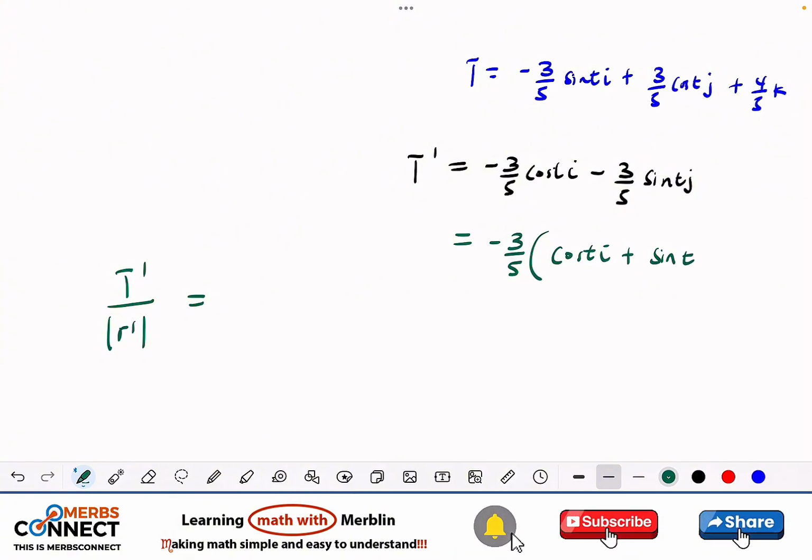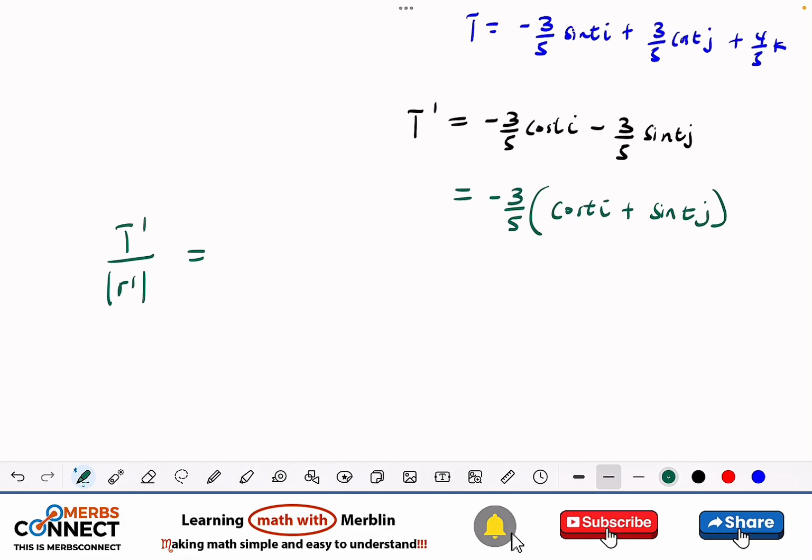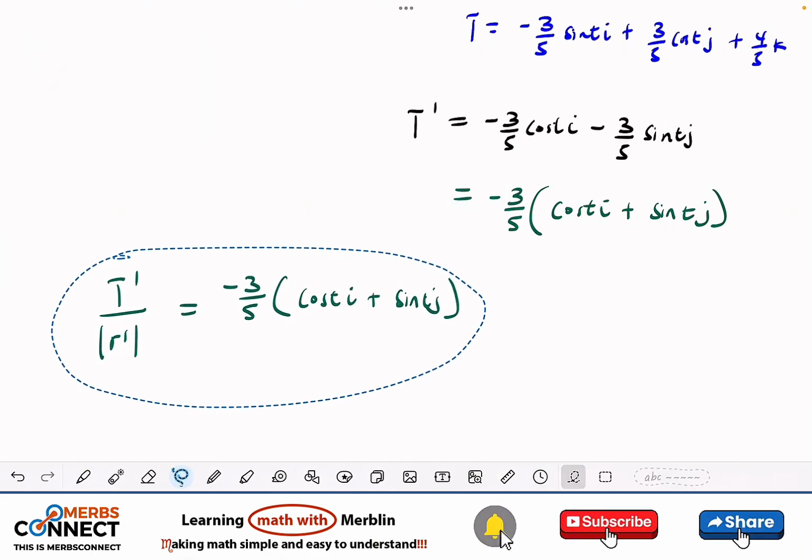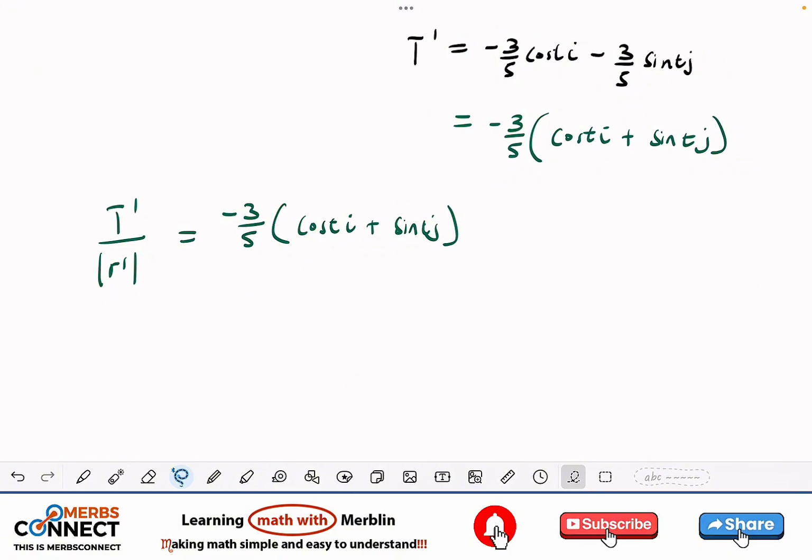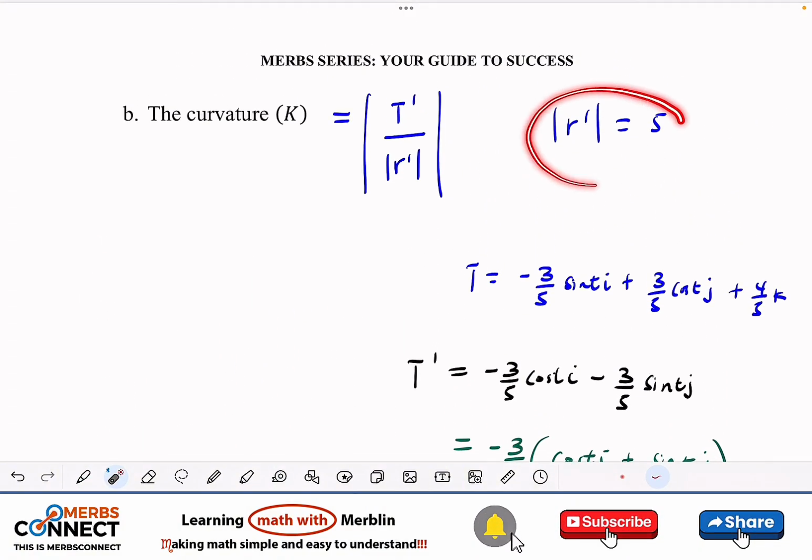Good. So this is going to give us minus 3 over 5 open bracket cos t i plus sine t j, divided by the magnitude of r prime, which is equal to 5.